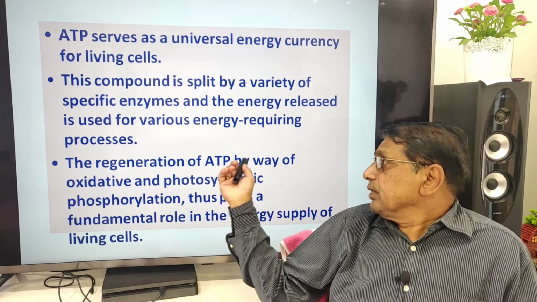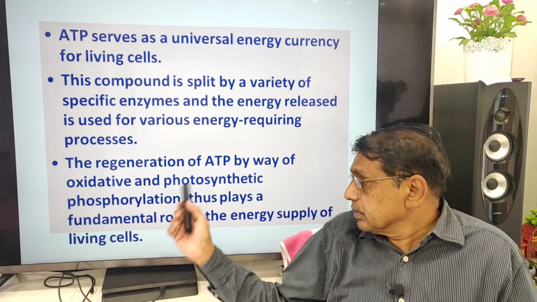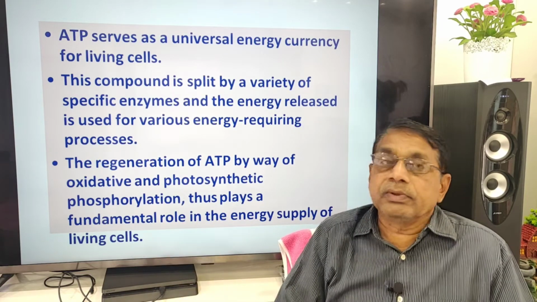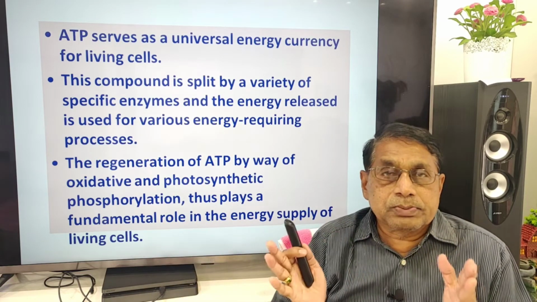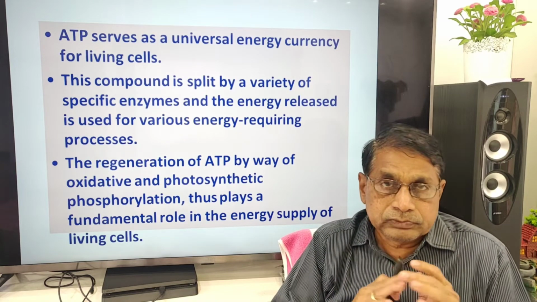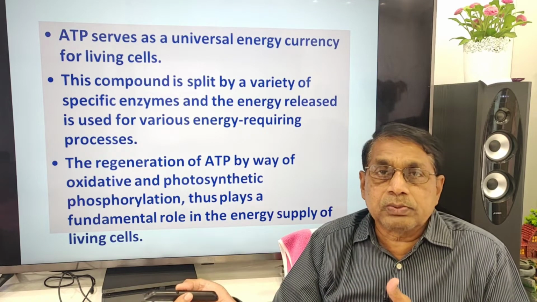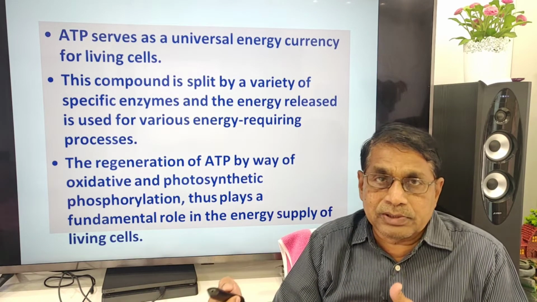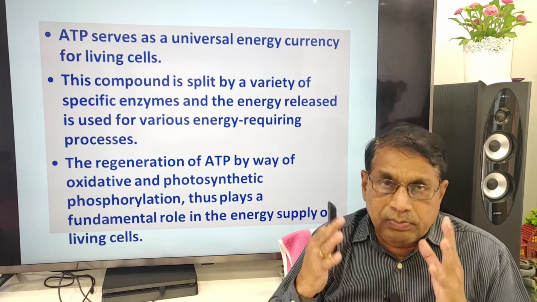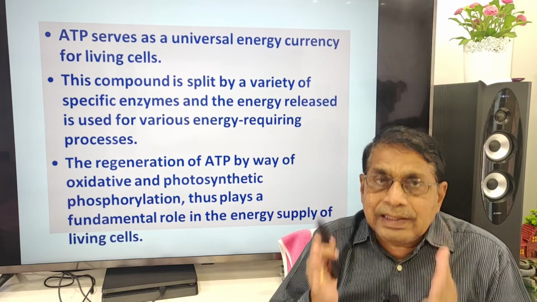The regeneration of ATP by way of oxidative and photosynthetic phosphorylation thus plays a complete role in the energy supply of life. Phosphorylation takes place mainly in two ways: photophosphorylation in green plants, and oxidative phosphorylation in respiration. Oxidative phosphorylation occurs in plants, animals, and even microbial systems. Photosystems and photophosphorylation are present only in green plants.